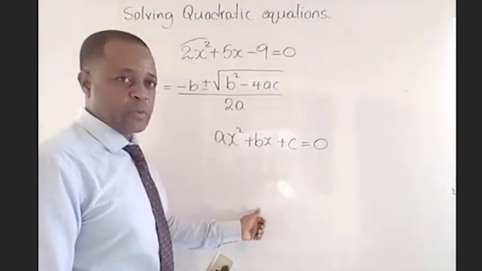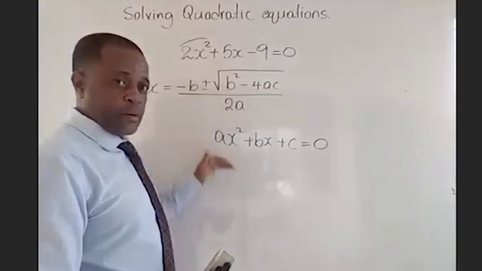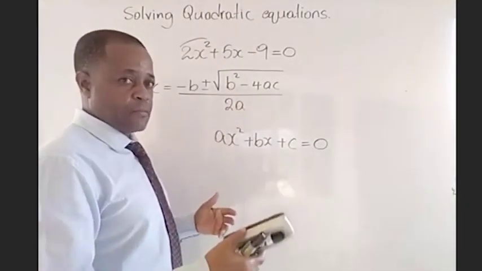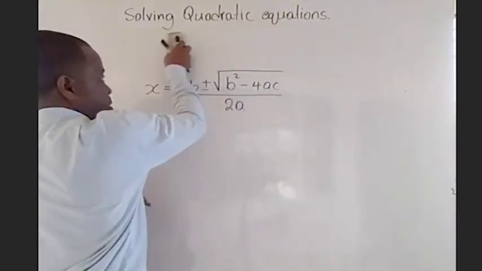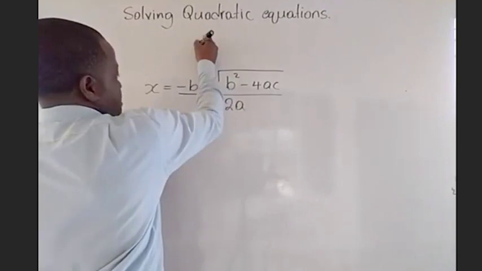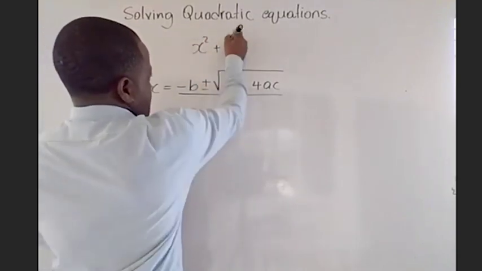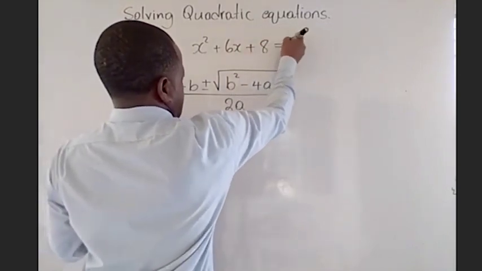It was -2 and -4. So we're going to use our formula just to see if we would end up getting those same answers. So let me just erase that. And here it was x squared plus 6x plus 8, and that is equal to 0.